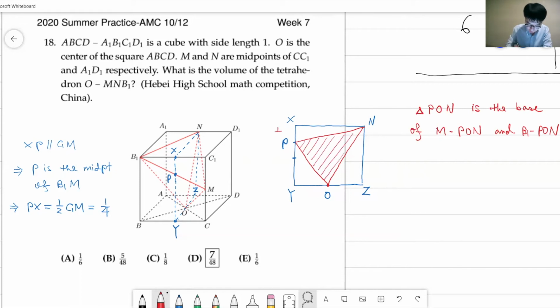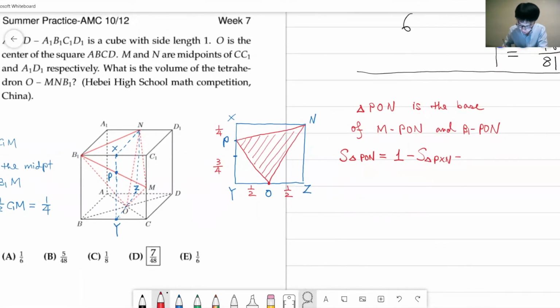So XP is 1/4, and PY is 3/4. YO is 1/2. OZ is 1/2. So the area of triangle PON is the area of the whole square minus 3 smaller right triangles. So the area of triangle PON is 1 minus the area of triangle PXN minus the area of triangle PYO minus the area of triangle OZN.